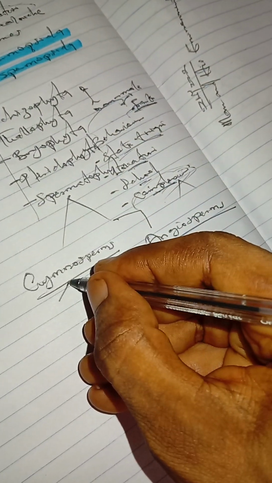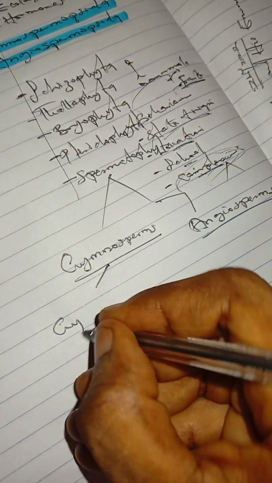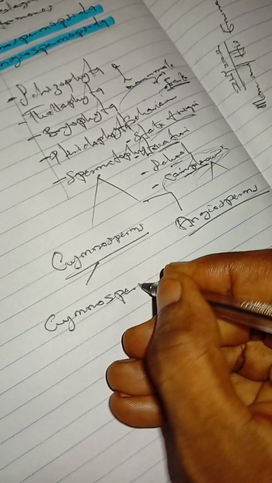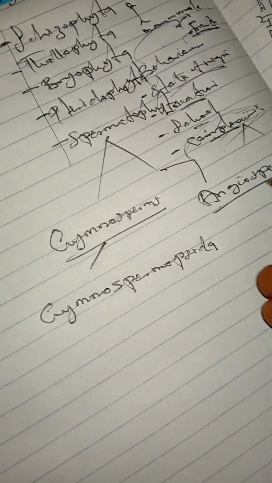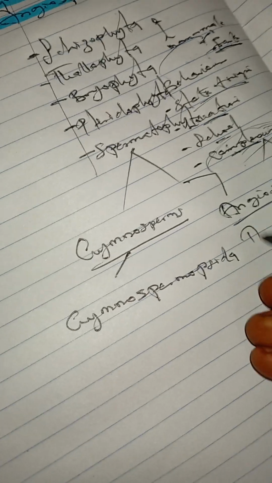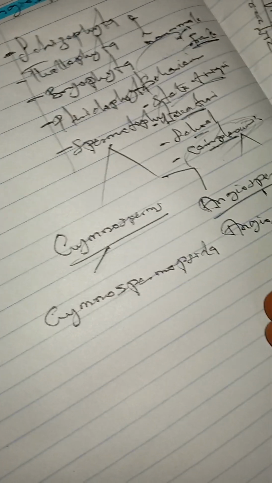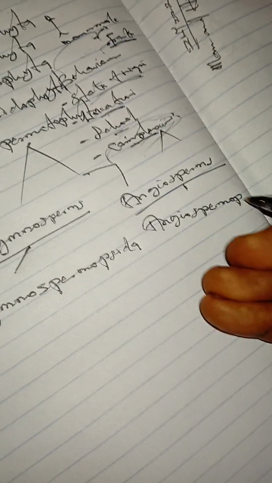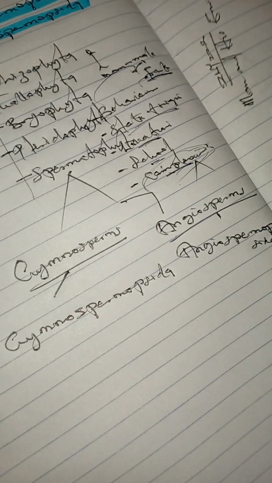But in terms of the classes, you can regard them as gymnospermopsida, and this is regarded as angiospermopsida. You can just write it in full.